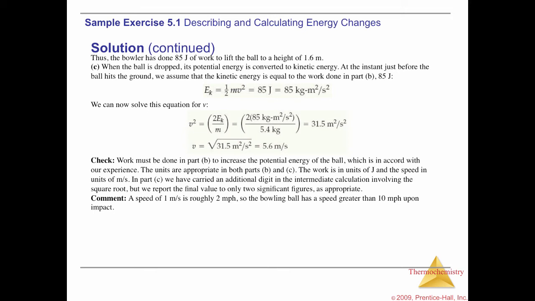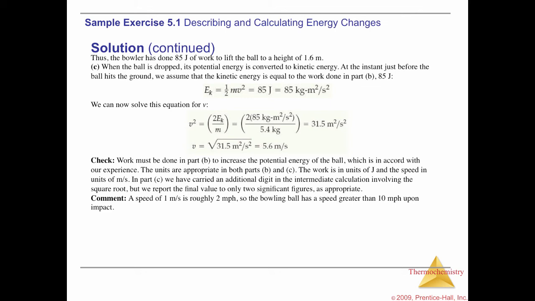And then we can't forget that we need to take the square root. Our kinetic energy was 85 joules, so we're multiplying 2 times 85. And our mass of the bowling ball was 5.4 kilograms. Notice that the kilograms are going to cancel out, and you're going to be left with meters per second for the speed.